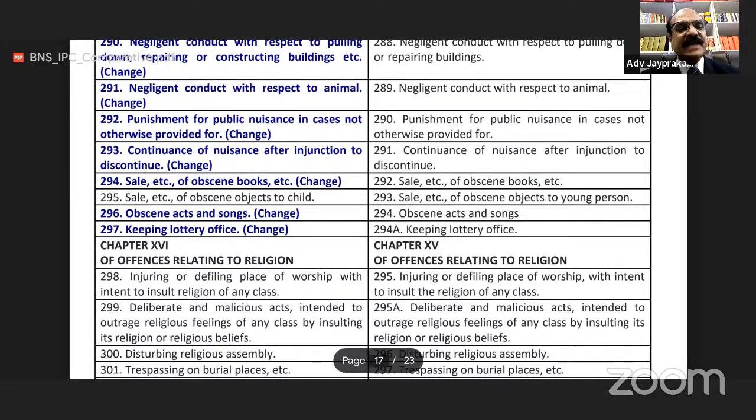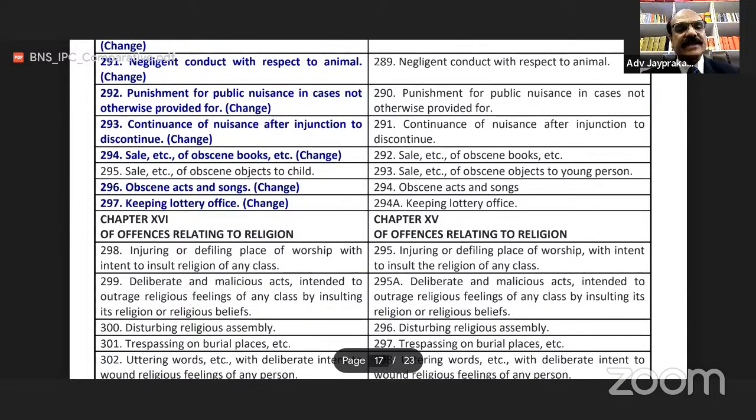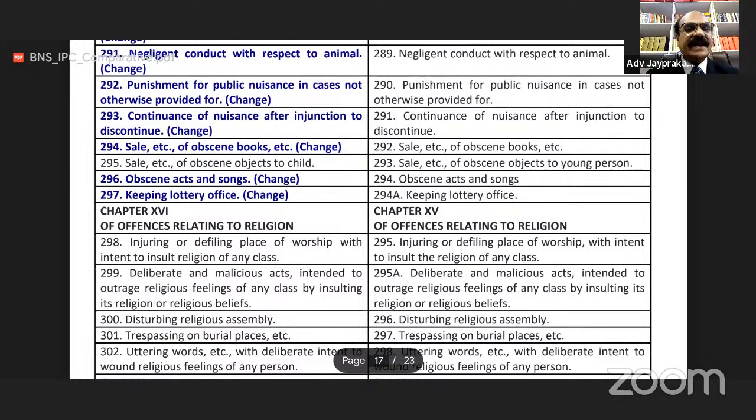BNS section 292, punishment for public nuisance in cases not otherwise provided for. The IPC section was earlier 290. BNS section 293, continuance of nuisance after injunction to discontinue.